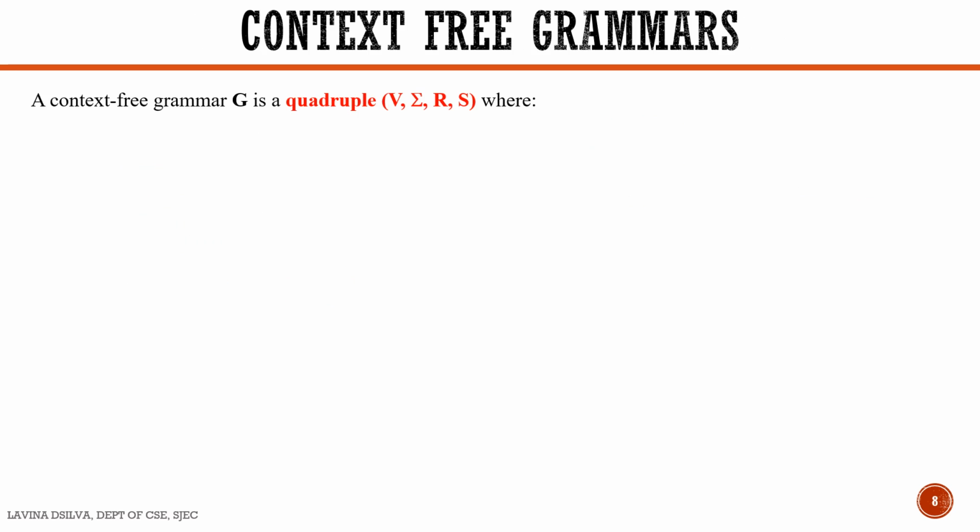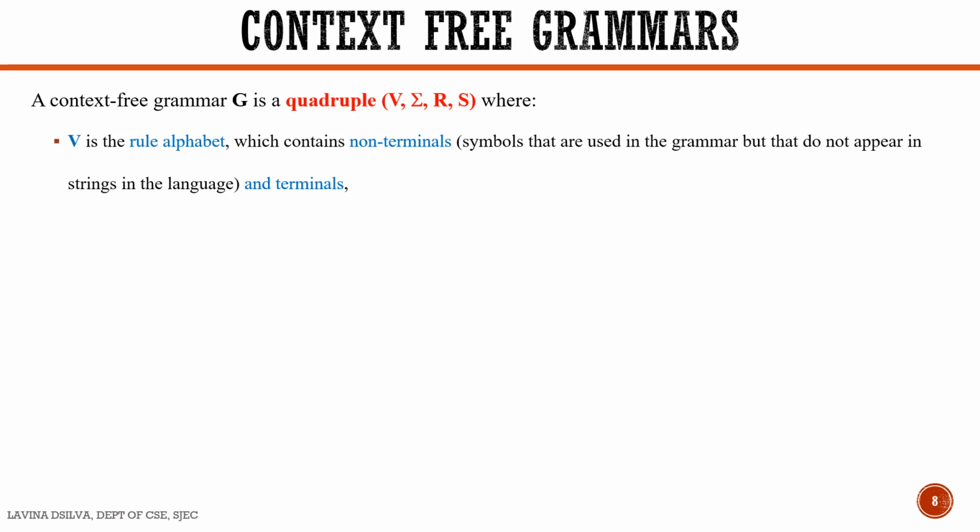A context-free grammar, say G, is a quadruple which consists of V, sigma, R and S, where V is the rule alphabet. It consists of non-terminals and terminals. We know that non-terminals are the symbols which are used in the grammar, but they do not appear in the strings in the language. That is, non-terminals will be replaced by the terminals in order to obtain the final strings.